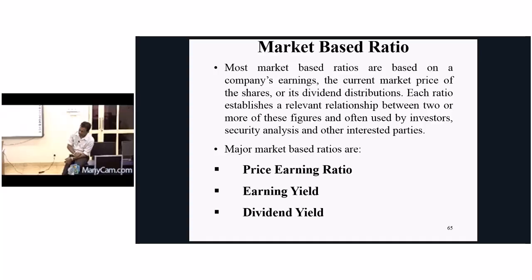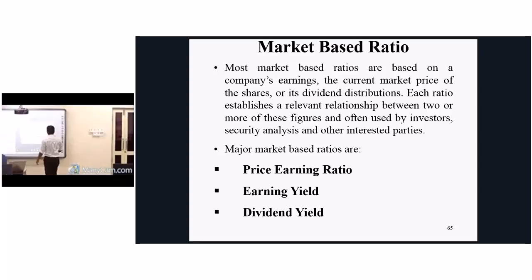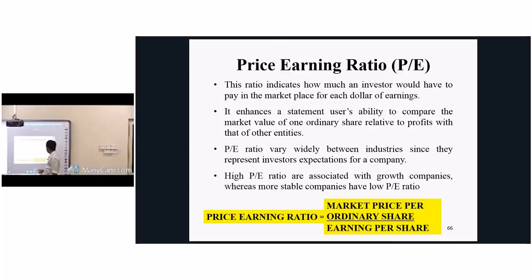Dividend per share, how to find? Total dividend divided by number of shares, then we can take dividend per share. So then you can see this is the price earning ratio, or you can say the reversal of this, earning yield.